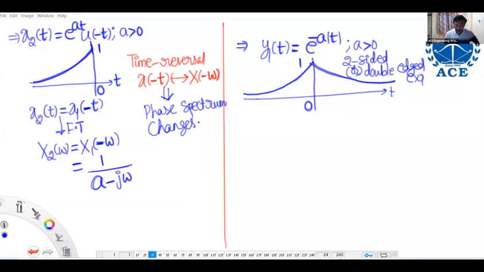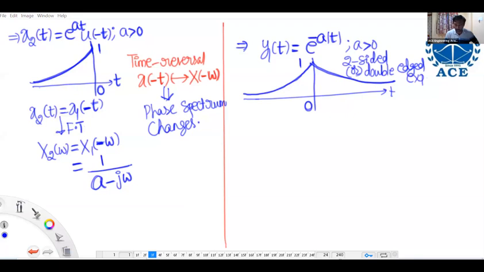So this can be directly written as e power minus at ut added to e power at u of minus t. The first is decaying for positive time, the second is growing for negative time.